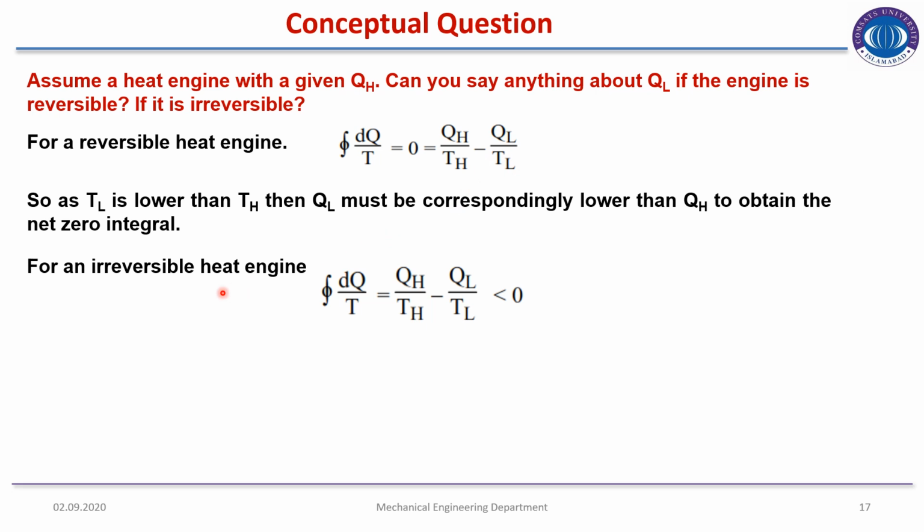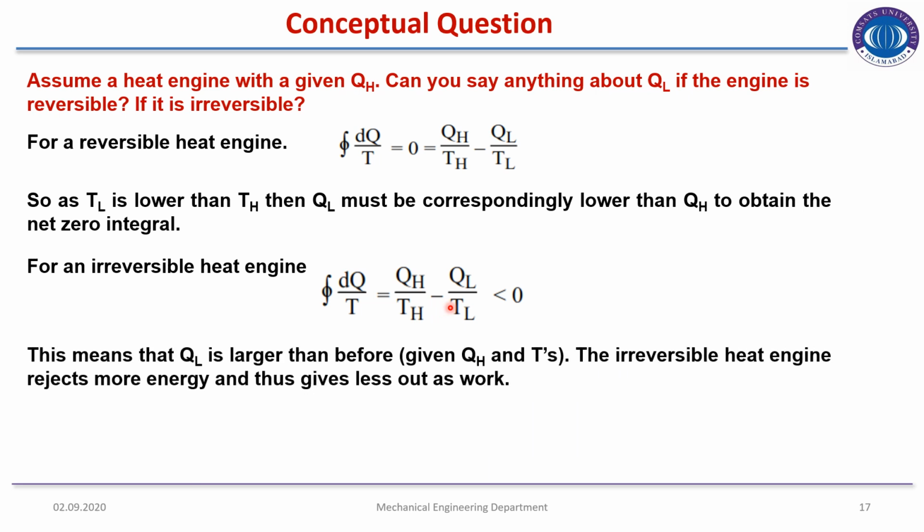So for an irreversible process, there must be an entropy generation term, and the cyclic integral of dQ by T must be less than 0. Therefore QH over TH minus QL over TL is less than 0. So this means that QL is larger than before, given QH and TH. Let's suppose the ratio of QH over TH is 3, and then QL over TL will also be 3 for the reversible process.